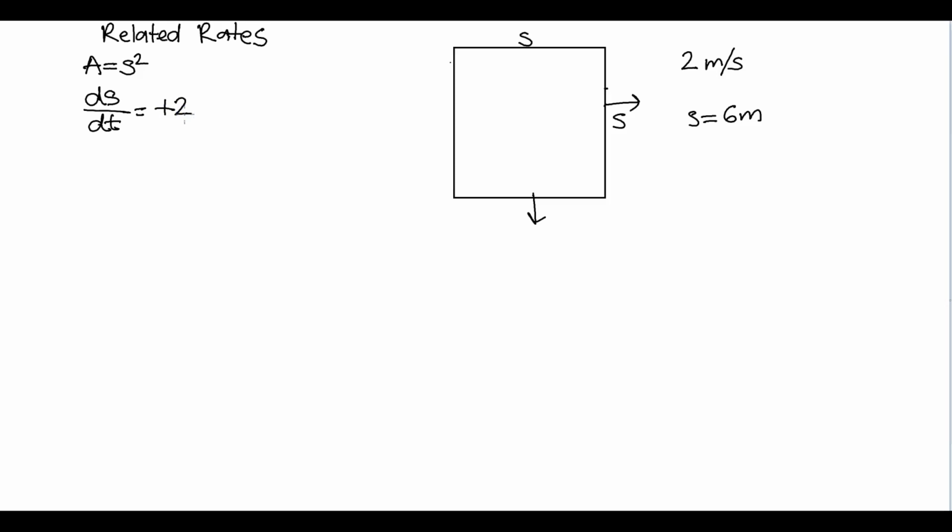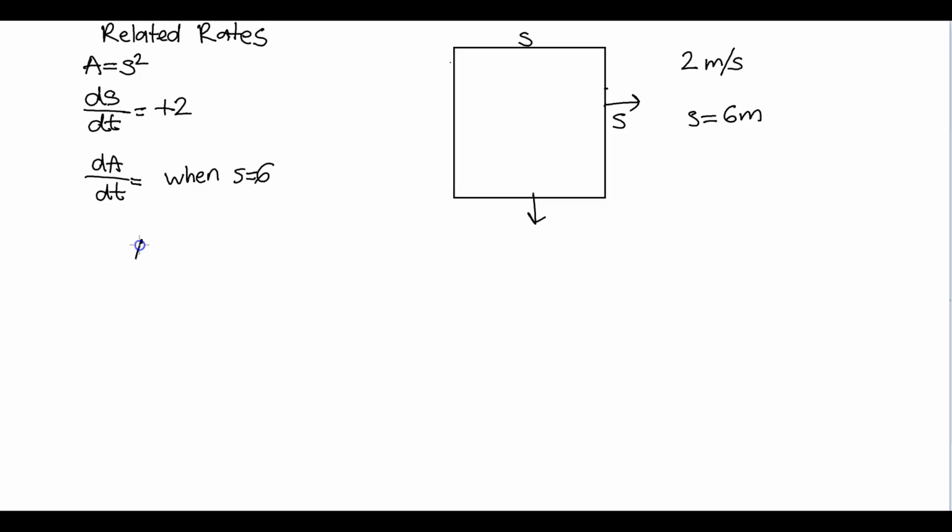So we want to find the rate at which area changes. We're going to see why it's called related rates. So we want to find dA/dt when s equals 6, the rate at which area is changing when the side length is 6 meters.